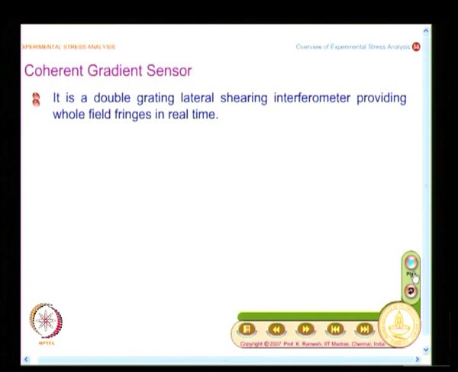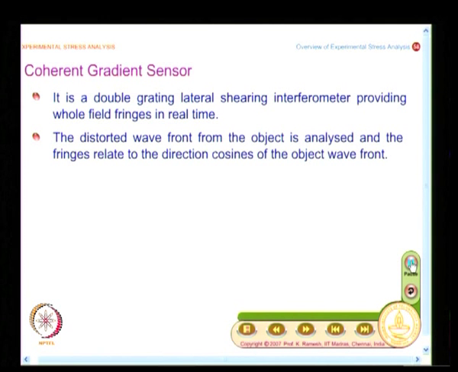Here the optics is a little involved, and the principle and the mathematics are also quite involved. So, what we will do is take a bird's eye view of this technique. You have a light; if it is an opaque model, it gets reflected from the surface.